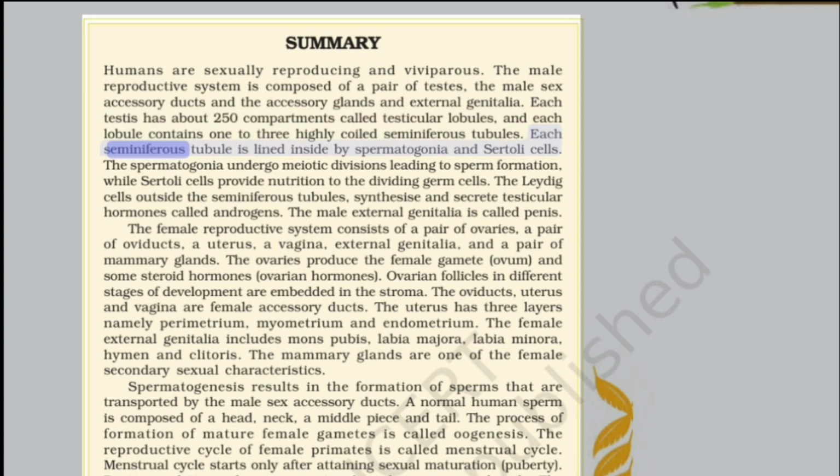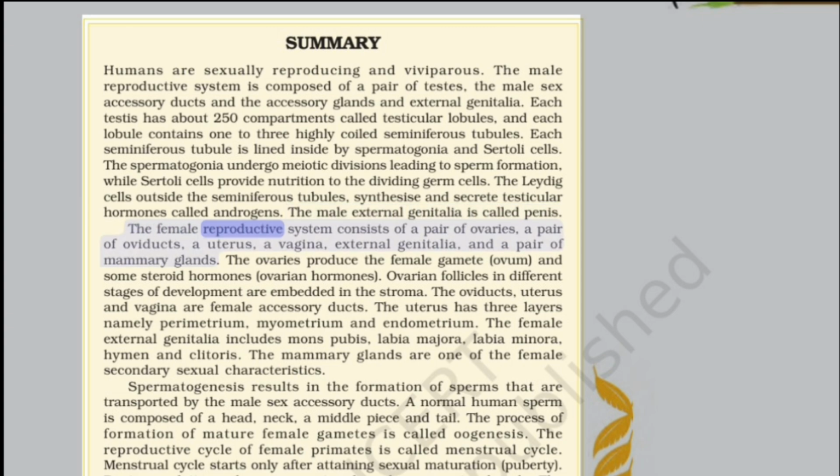Each seminiferous tubule is lined inside by spermatogonia and Sertoli cells. The spermatogonia undergo meiotic divisions leading to sperm formation, while Sertoli cells provide nutrition to the dividing germ cells. The Leydig cells outside the seminiferous tubules synthesize and secrete testicular hormones called androgens. The male external genitalia is called penis.